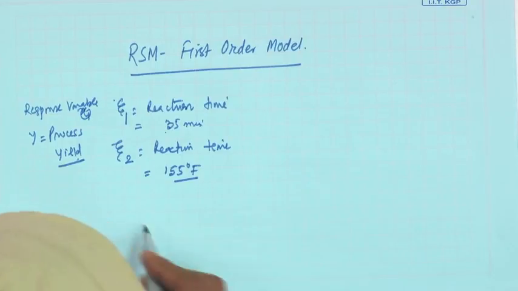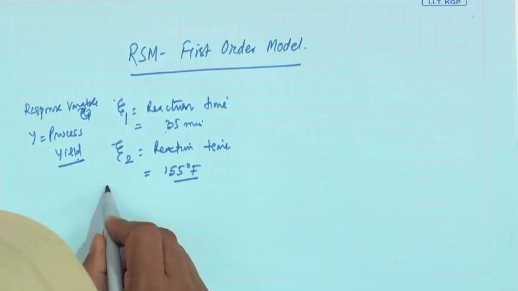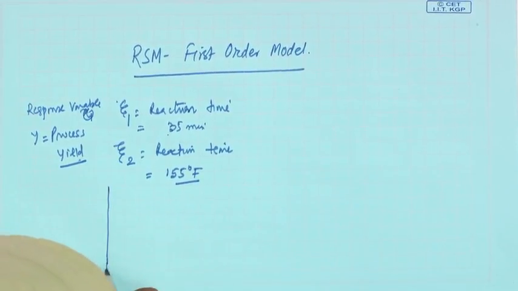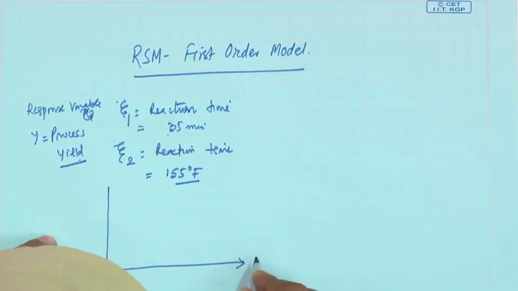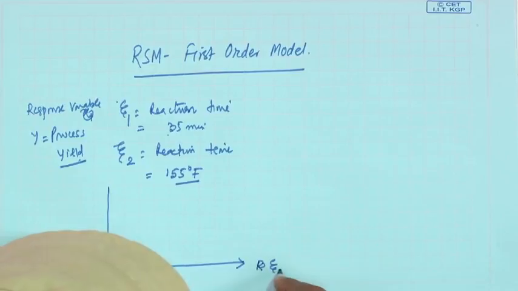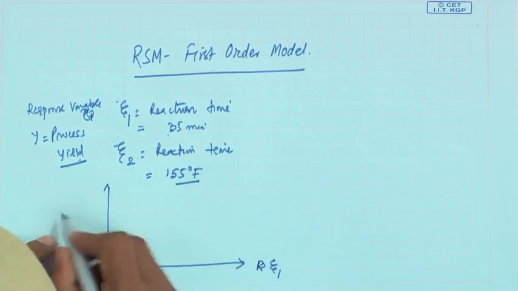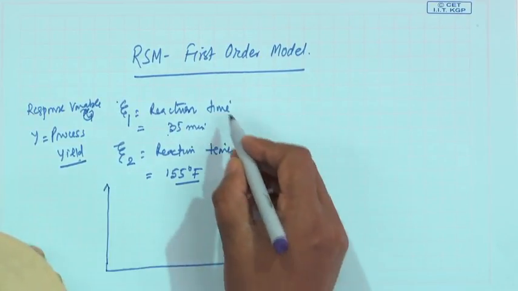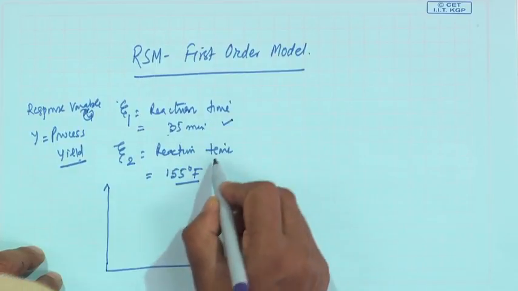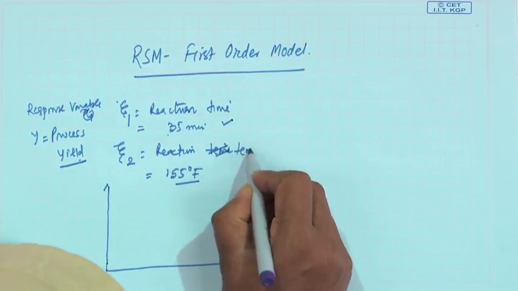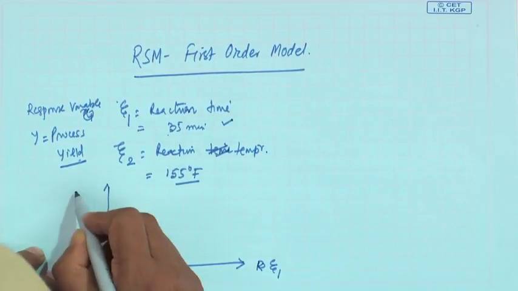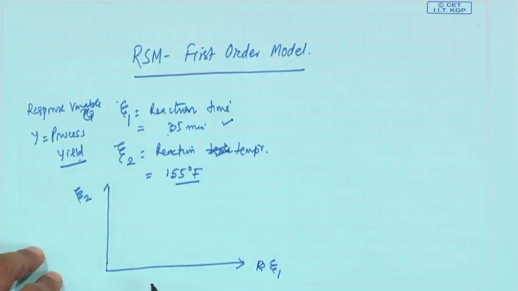What does it mean? It means that you are working with two process variables, one is reaction time, that is xi1, and the second one is reaction temperature, xi2.